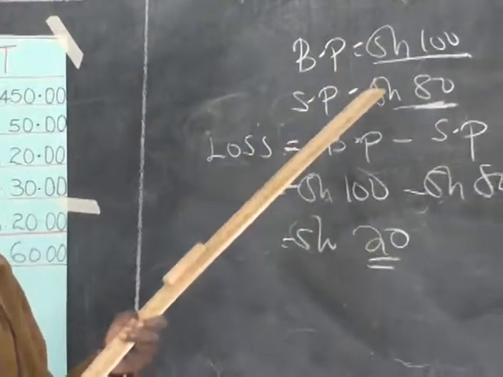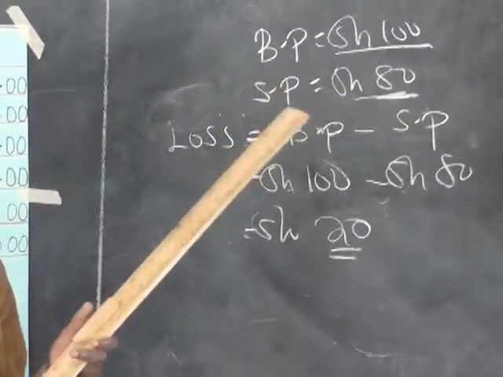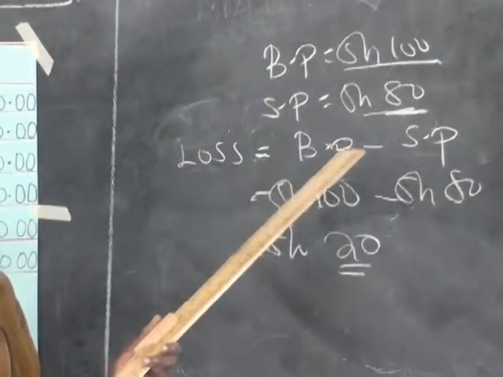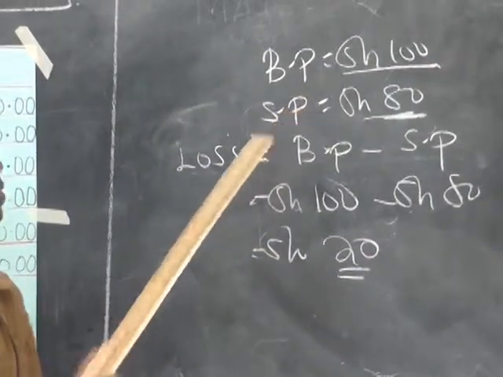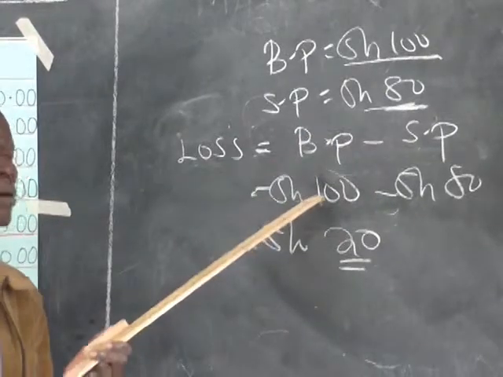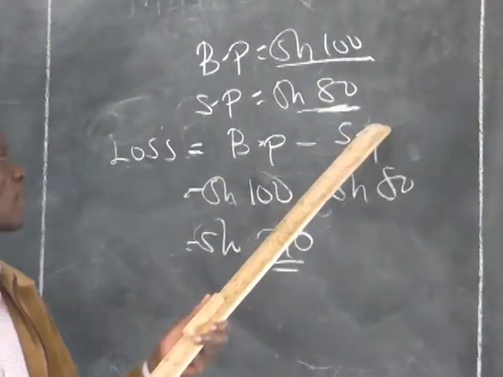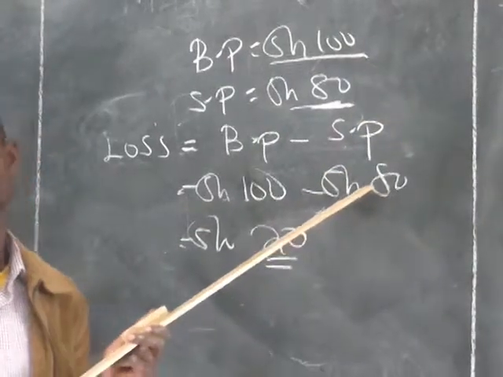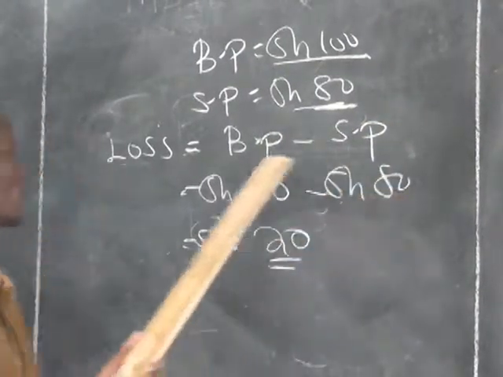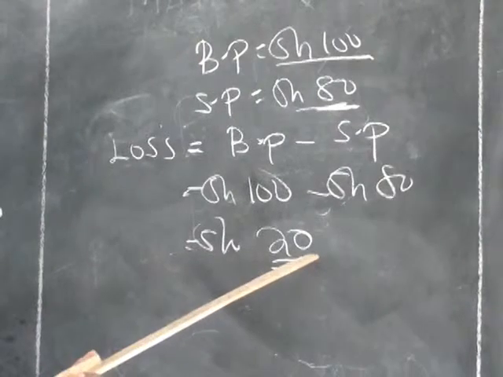Two, you need to identify the selling price. After that, write the formula to be used to calculate the loss made. Then replace the buying price with the amount of money given for it. And then the selling price, you do the same. After which, you'll be able to get the loss that was made.